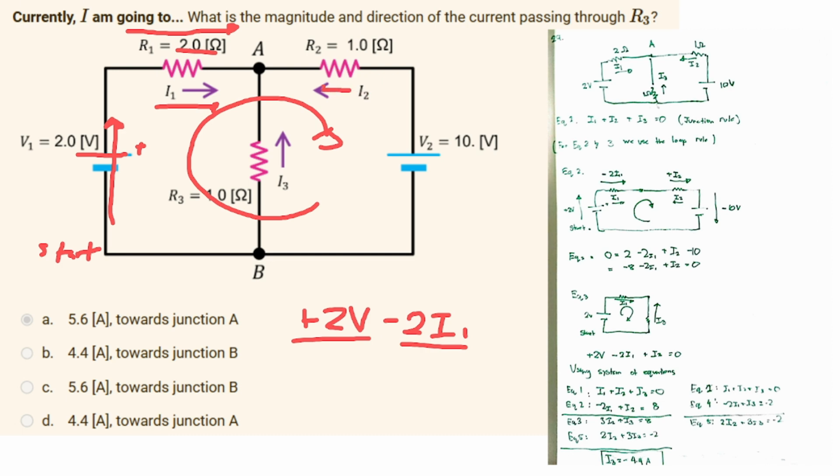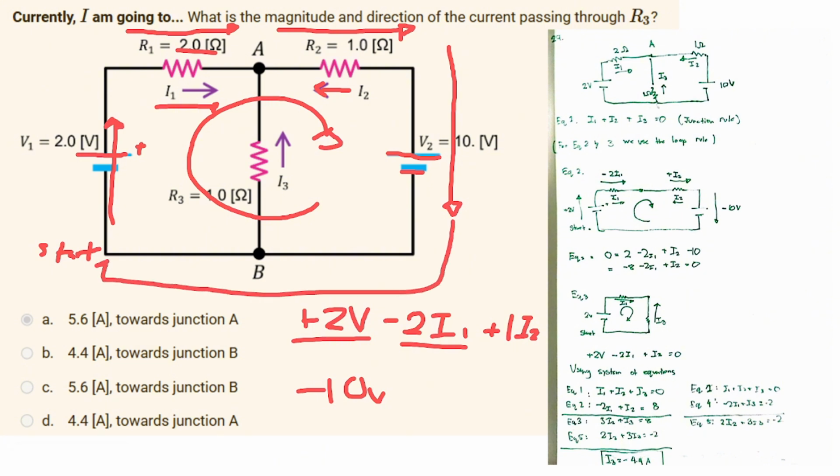Our assumption is I2 is going in, so when we use our loop rule we are going in opposite directions. That means it is plus 1 times I2. Go down again. The longer is positive, the shorter is negative. When we go down here, we exit the negative terminal, so it is negative 10 volts. Then we go all the way around back to the start. That's our equation 2.